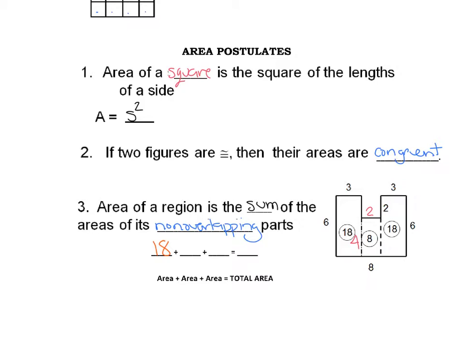So 4 times 2 gave me the middle rectangle, which is 8. And then finally the last one again, 6 times 3 gives me the 18. So when I take these values and I add them, 18 plus 8 plus 18, I get a total area of 44 units squared for this particular polygon.